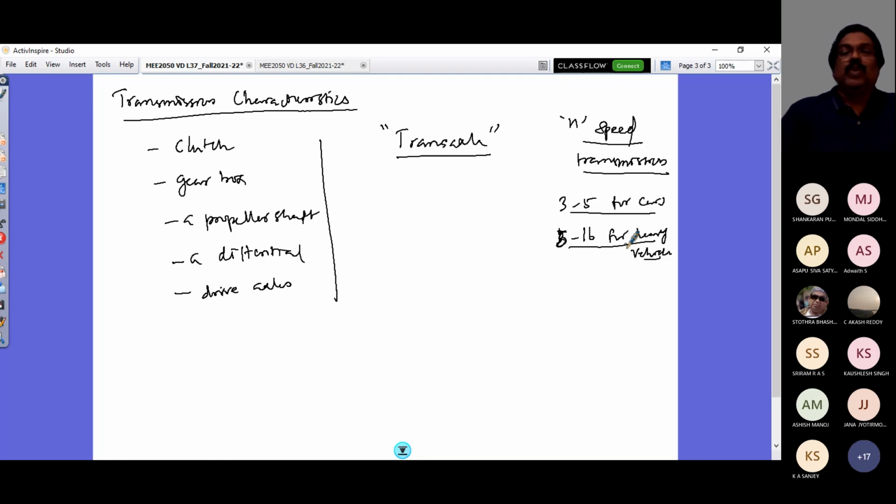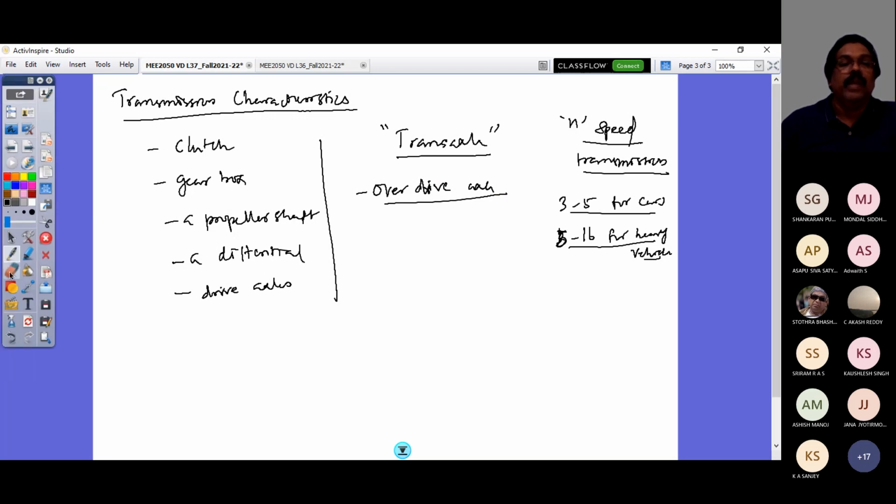You also have to understand something called overdrive. Overdrive axle. Sorry, it's not axle, overdrive gear. We call that overdrive gear.